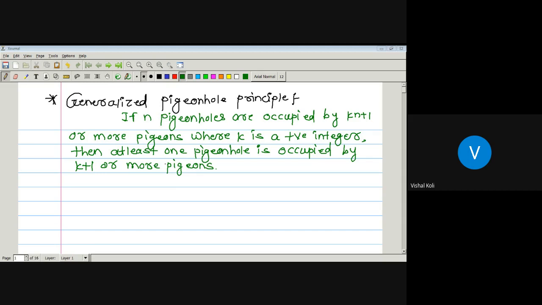Okay, so if there are n pigeonholes and they are occupied by k into n plus 1 or more pigeons, where k is any positive integer, then at least one pigeonhole is occupied by k plus 1 or more pigeons.